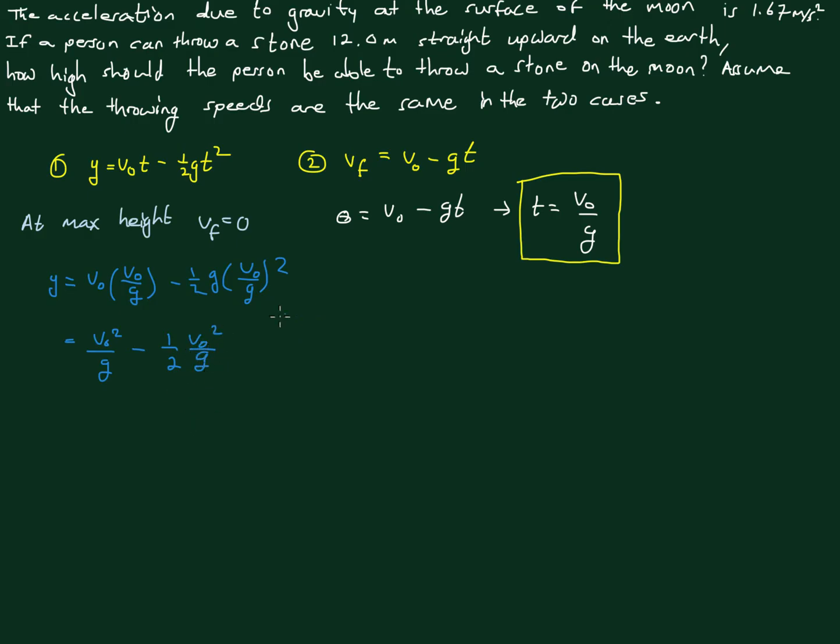So v0 squared over g minus 1/2 of v0 squared over g gives you a half of v0 squared over g. So we get v0 squared divided by 2g. So here we find that our maximum height formula, we can write that as y max is equal to v0 squared divided by 2g.